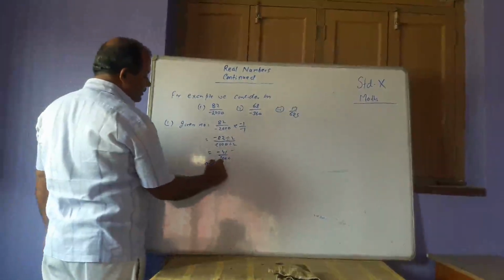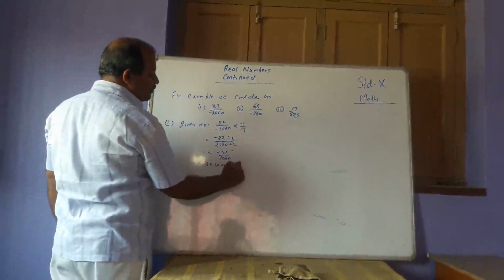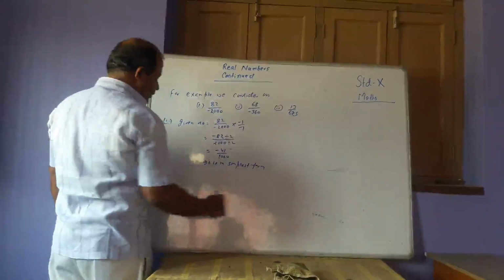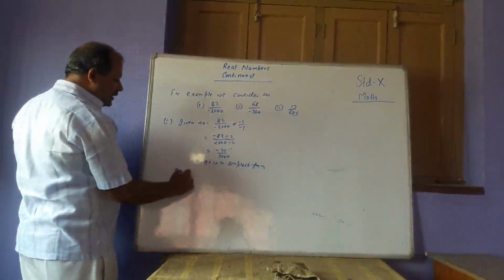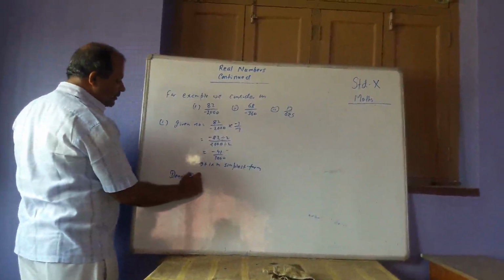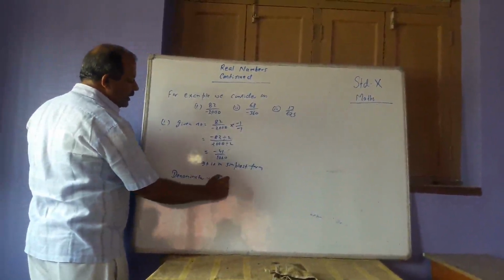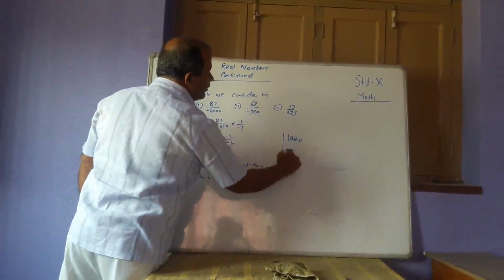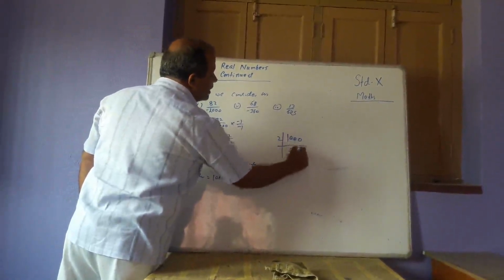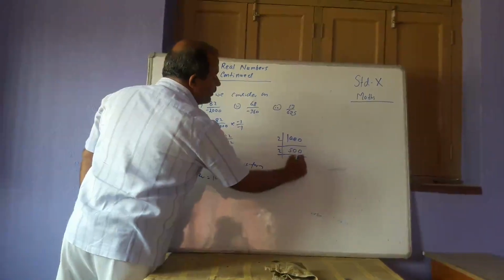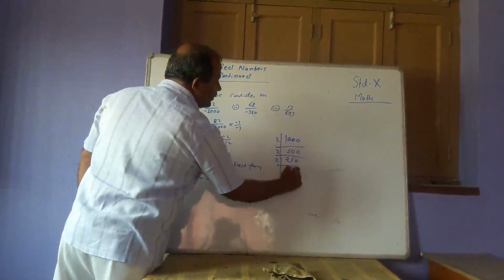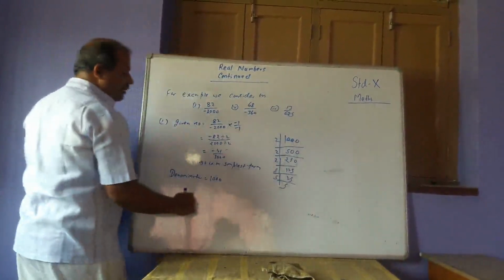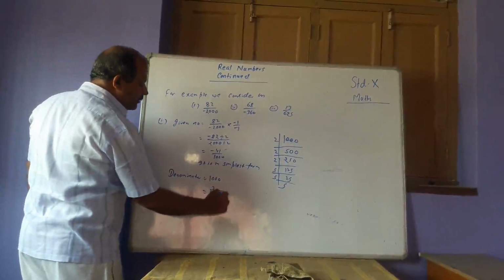It is in simplest form. Now we have to consider the denominator, which is 1000. We have to do the prime factorization of 1000. It will give 2 cube into 5 cube.